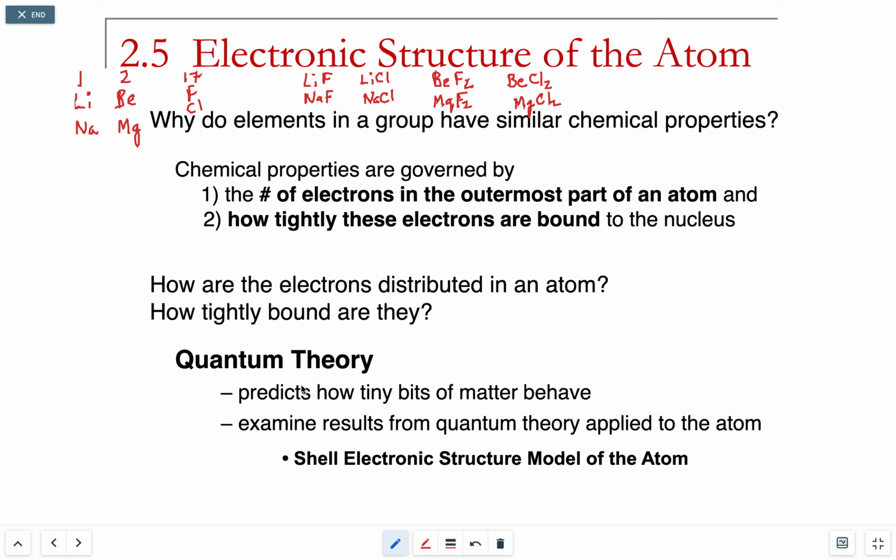It works for describing matter at the very tiniest of length scales and mass scales. What we care about here are the electrons. So we need this theory.